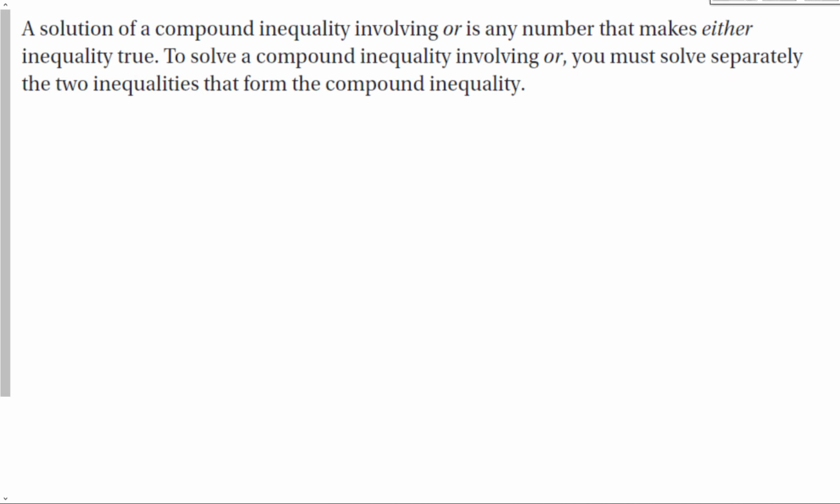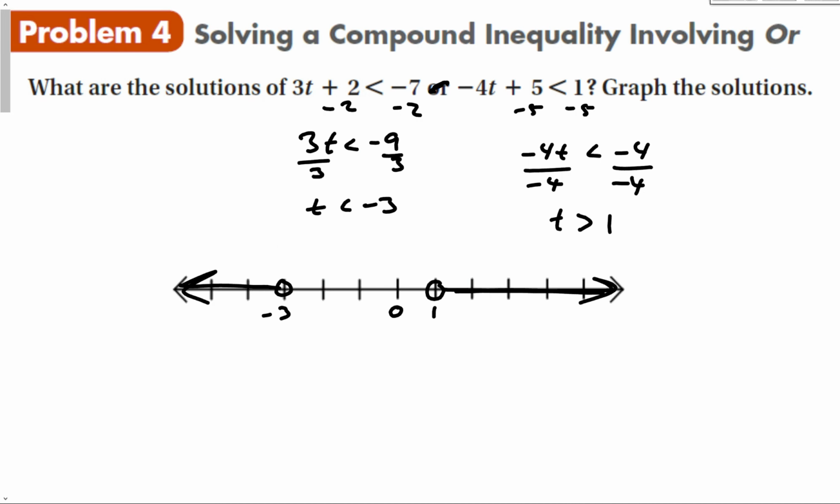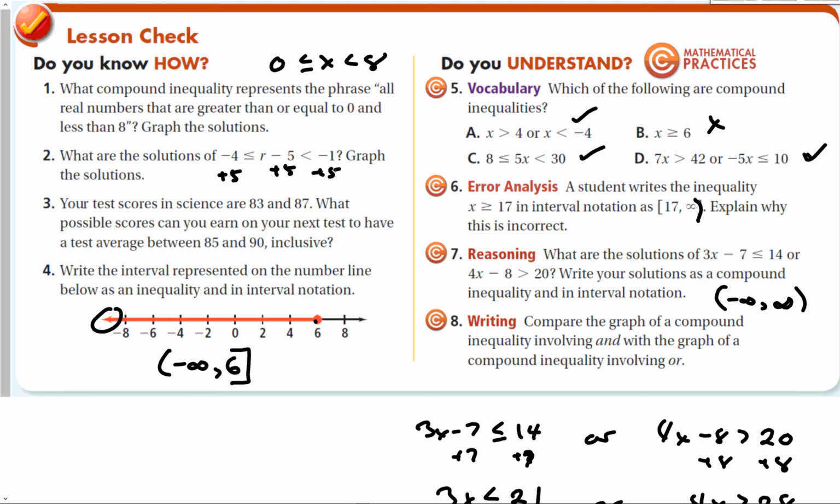And if I were to change this to and, the answer would be the place where these two graphs overlap. They never overlap, so it would have no solution. My pen's fading a little bit. I'll have to change the tip here. Okay, so that was 3-6 compound inequalities.